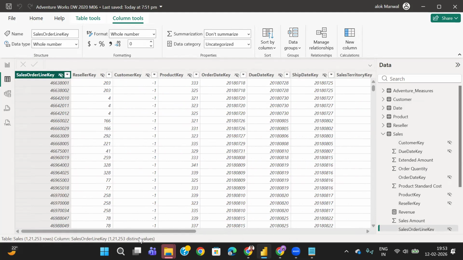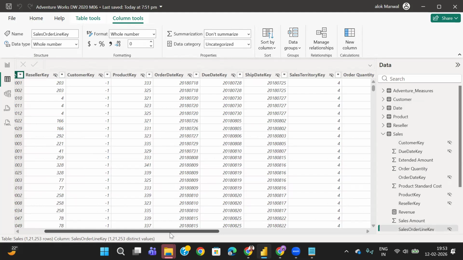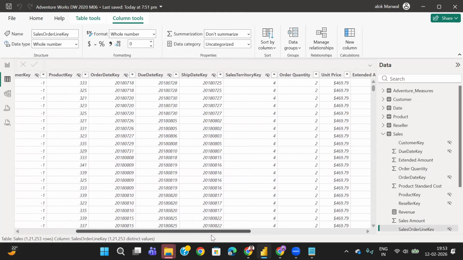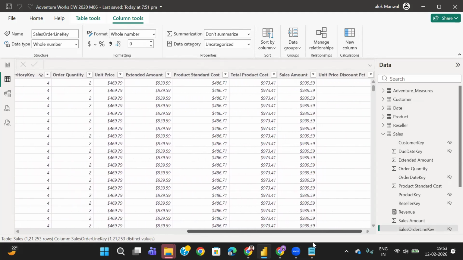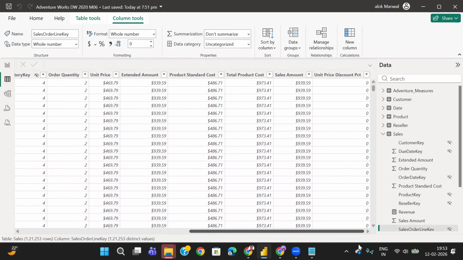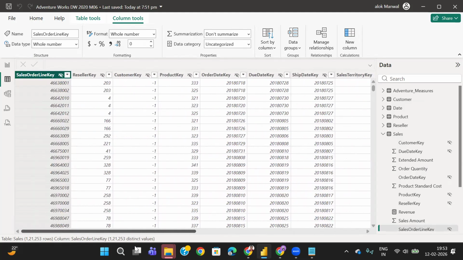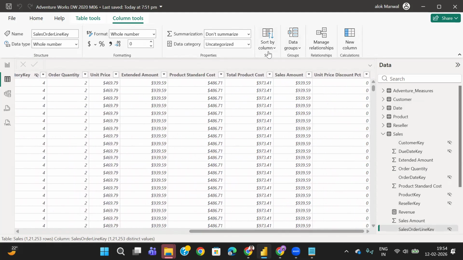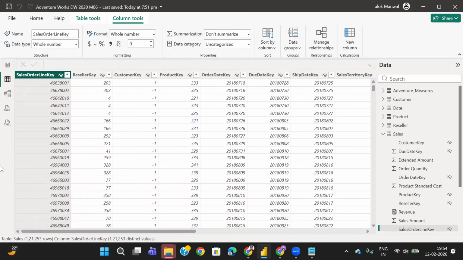But here is not order. Okay, let's calculate the order line first, then it will be clear for us.